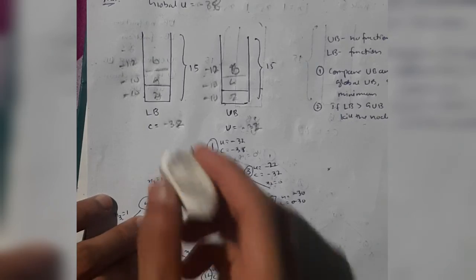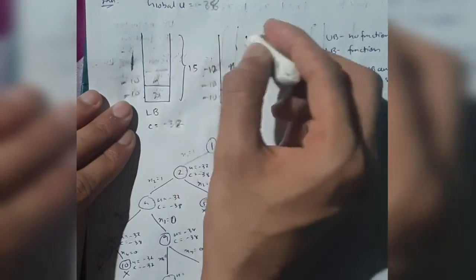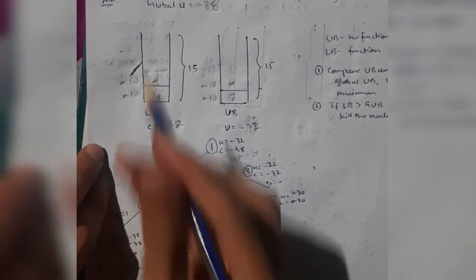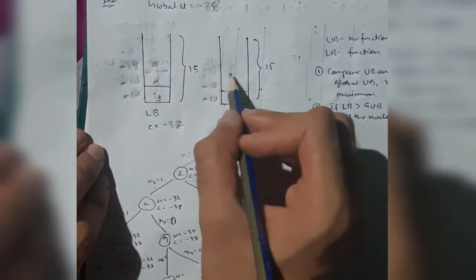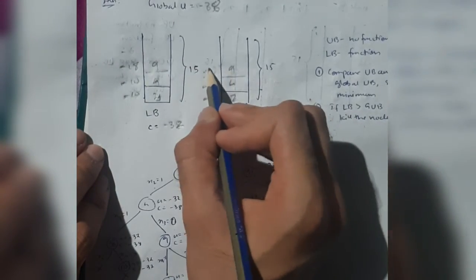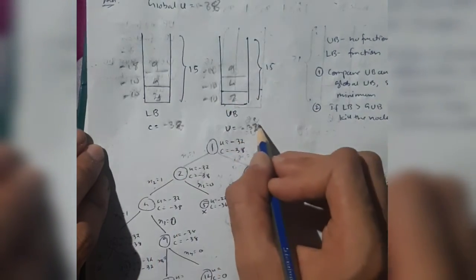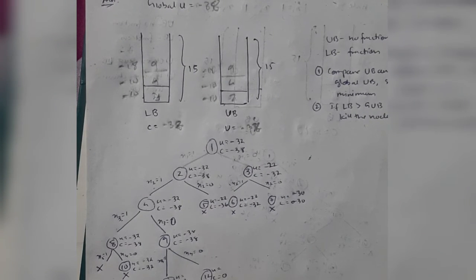If the third object is excluded, at that time I have to include the fourth object here, which is 9. So I'll be getting the answer as 9, which I can include here, minus 18. Here also I can do the same thing since it doesn't involve a fraction, so I'll be getting the sum as minus 38 and here also minus 38. I'll be writing the answer here as minus 38 for both of these.